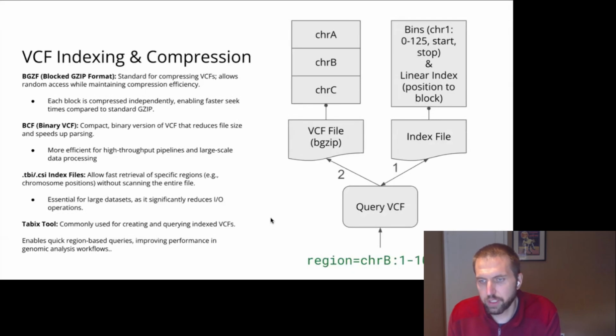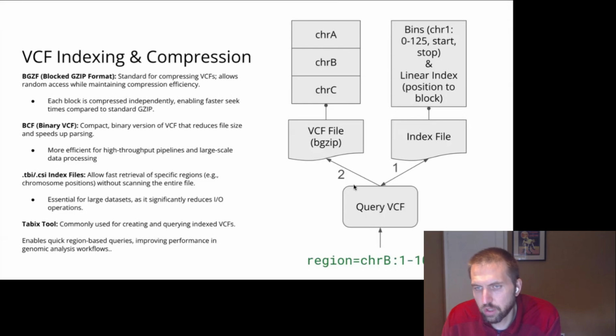And then I wanted to mention briefly, and I'll talk about this more from the DataFusion perspective in a minute, indexing and compression, which is obviously ubiquitous from a database perspective. The way this works for VCF files and a lot of other bioinformatic files is, say I want to query some specific region, say chromosome 1 from 1 to 1,000.